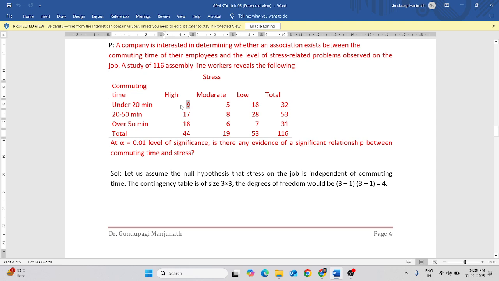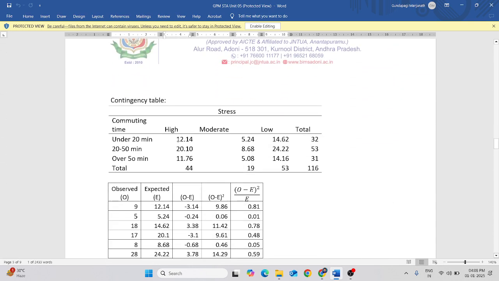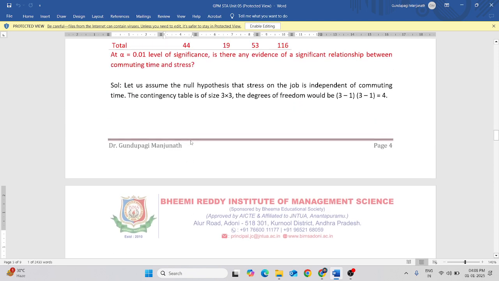So 32 into 44 divided by 116 equals 12.137, but I have adjusted it to two decimal places and taken 12.14.